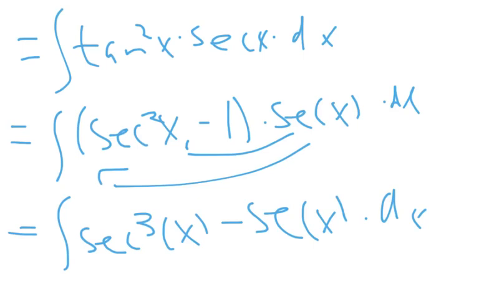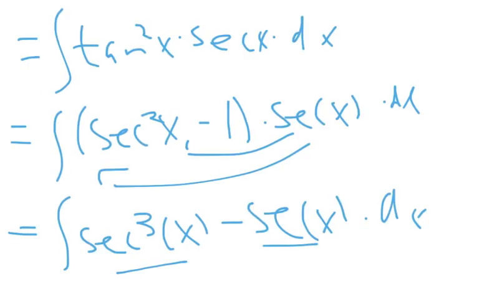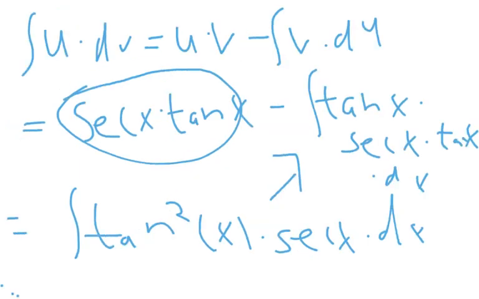Alright, so now we've got two terms that we can once again, sorry if I am being redundant, split off. Don't forget that this is just a part of the entire problem, so we need to add the expression that we are neglecting, which is secant of x tangent of x.